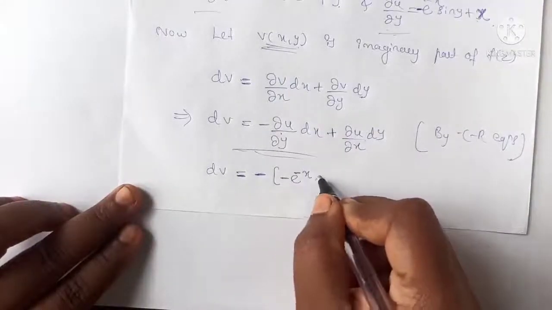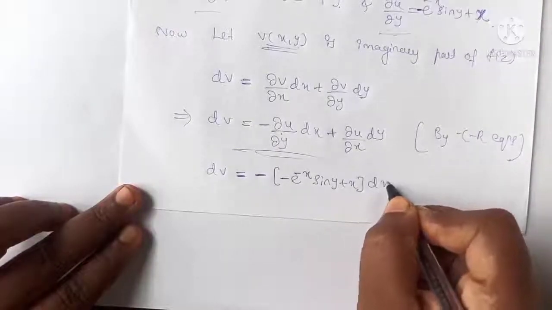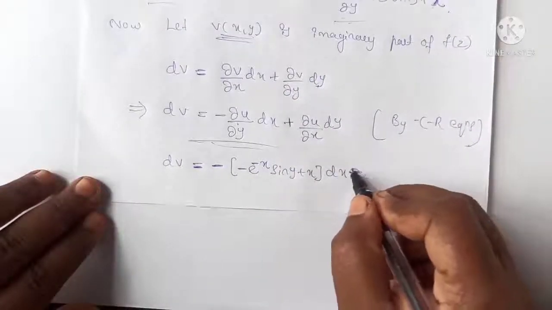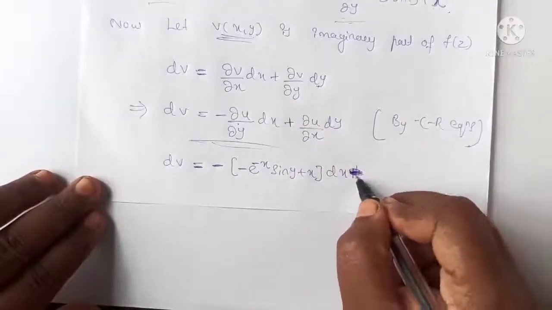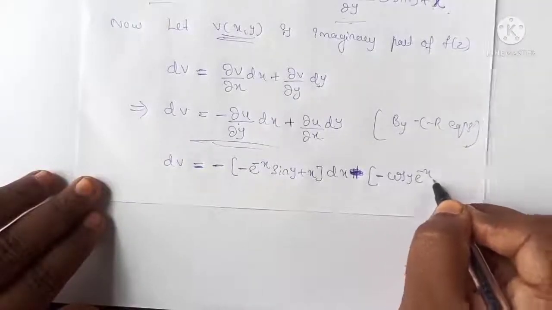Now dv is equal to minus dou u by dou x, that is minus e raised to minus x into sin y plus x, into dx, plus dou u by dou y, which is again minus cos y e raised to minus x plus y.